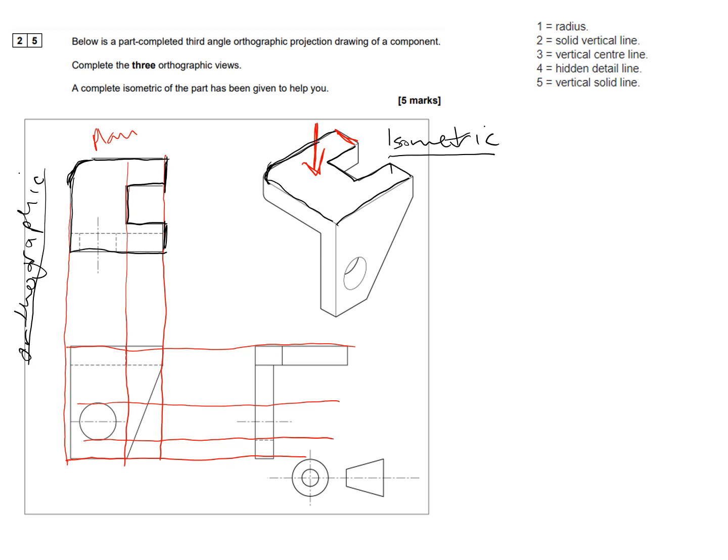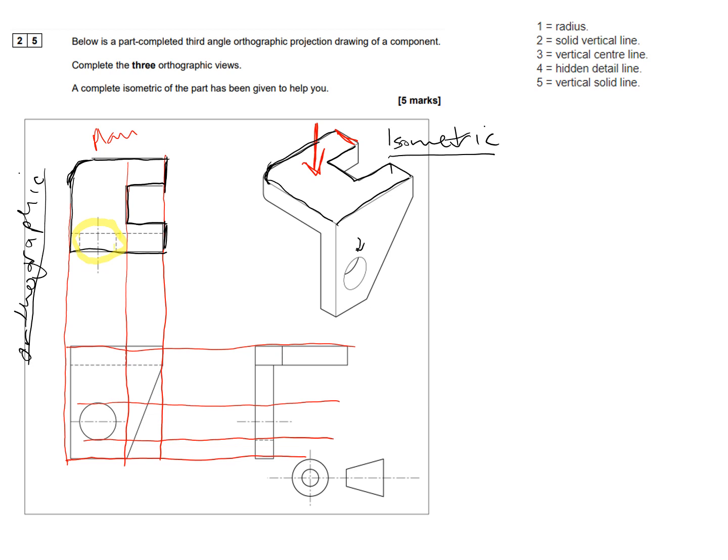But what I know is when I'm looking at it from the top, there is a hole here too, as you can see it. Okay, I can't see that hole, but I've got to use hidden detail lines to show if I'm looking at it from the top, there is a hole underneath, and this is why we use this hidden detail here. It shows you there is a hole here.